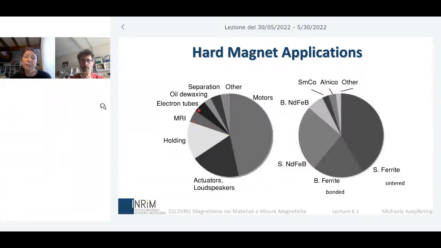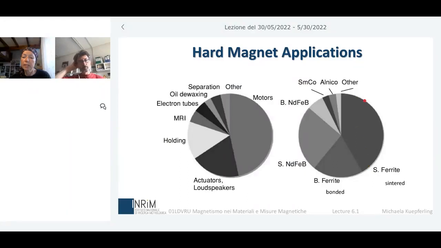And then we have different kinds of special applications. You can see MRI, or even oil dewaxing in pipelines, or separation as you need for recycling materials, for example, and so on.